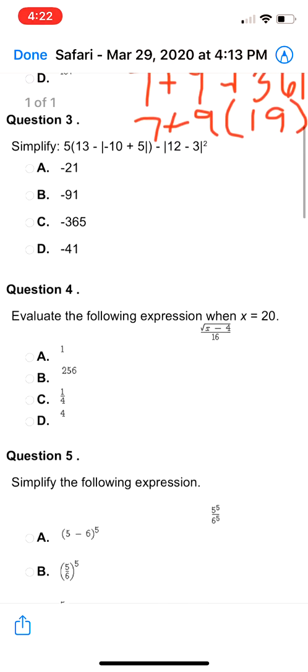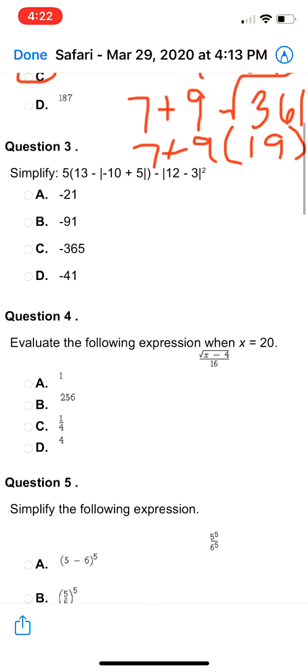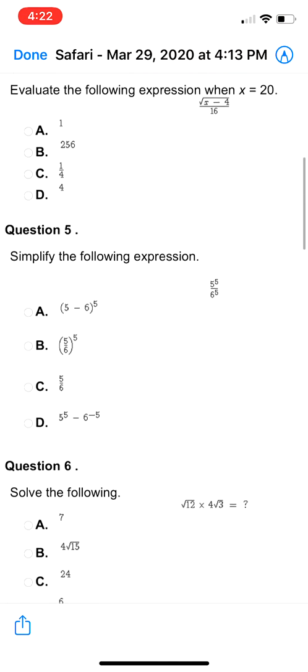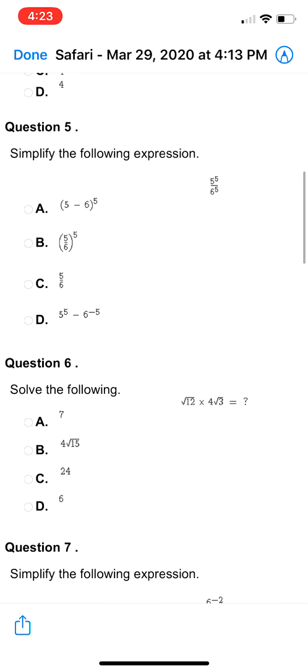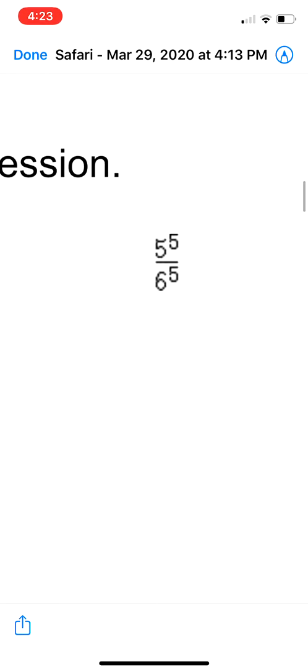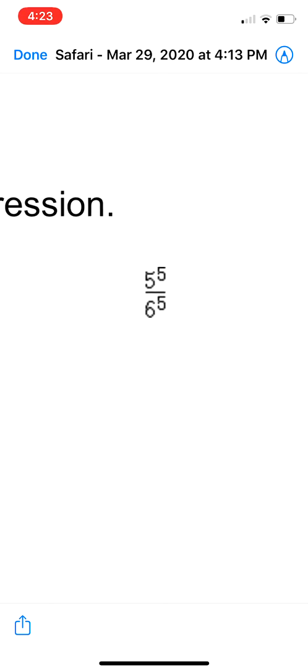3 is hard. 4 is very similar. I'm going to come back to 3 just because it's going to take the most time. Question 5. This looks like it would be hard, but all they're doing, I have to zoom in. You see how they both have the same exponent?